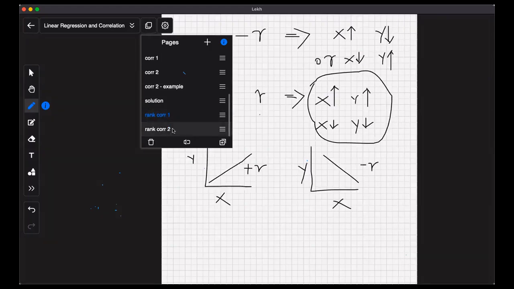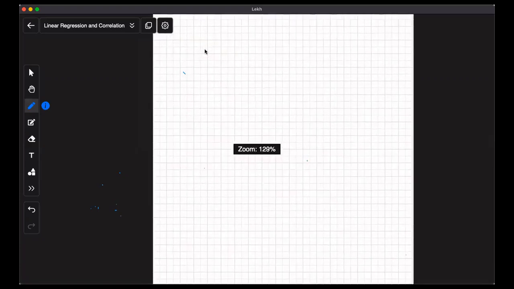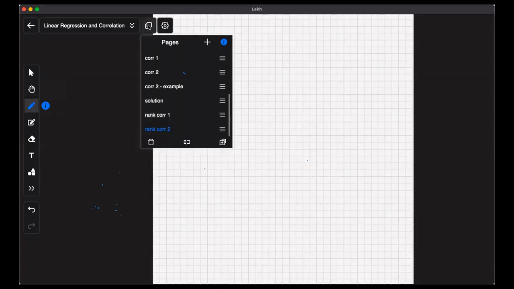The reason is that sometimes you may not be able to use the exact values you obtained from your variables, depending on the situation at hand. There are some tests that we call non-parametric tests. You may not understand that for now, but just understand that we are ranking. We are not using the exact values. We obtain ranks. So let's look at the example we took the other time.